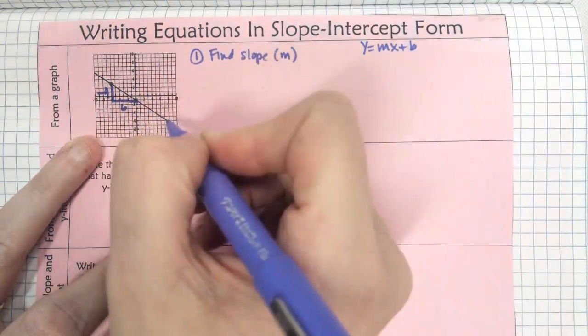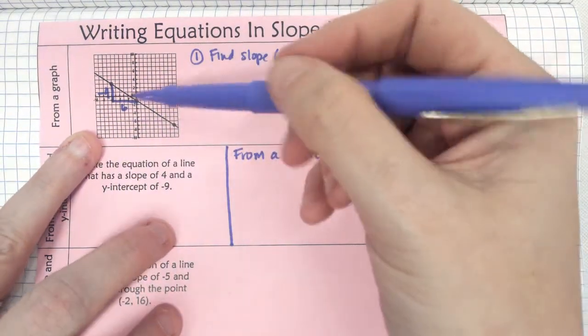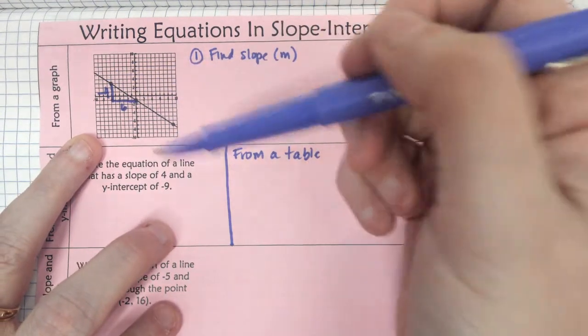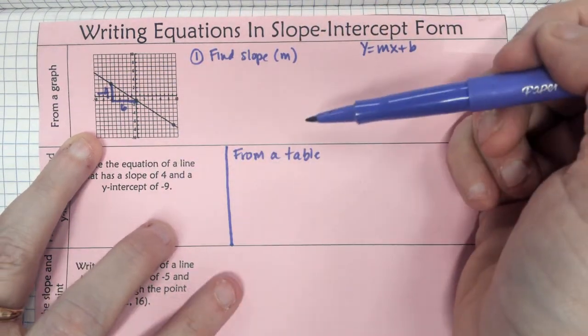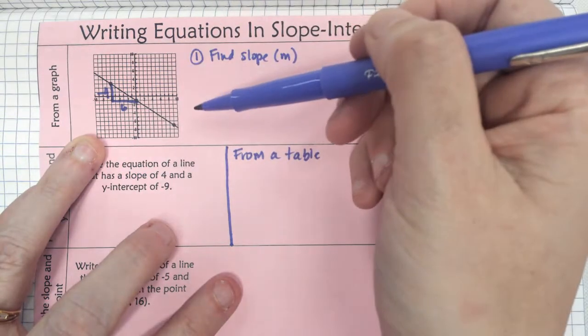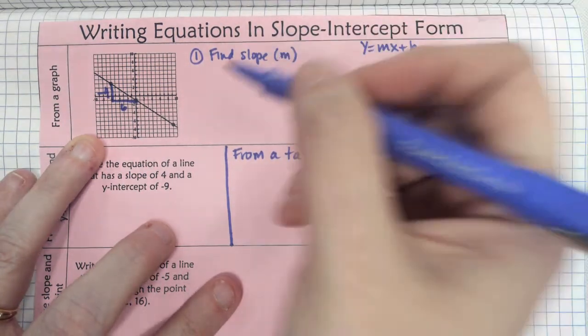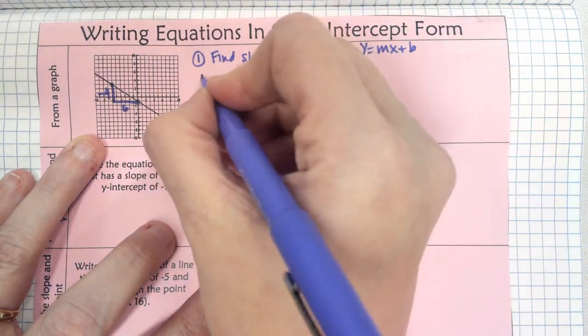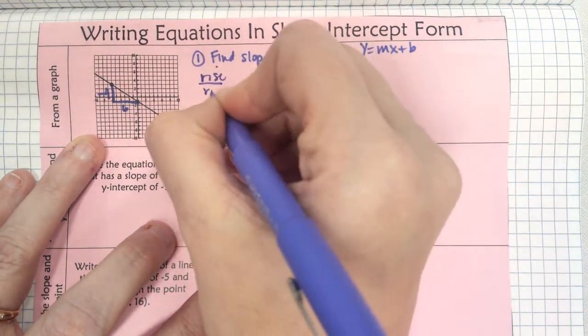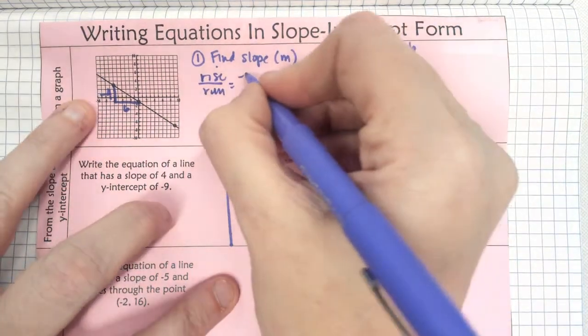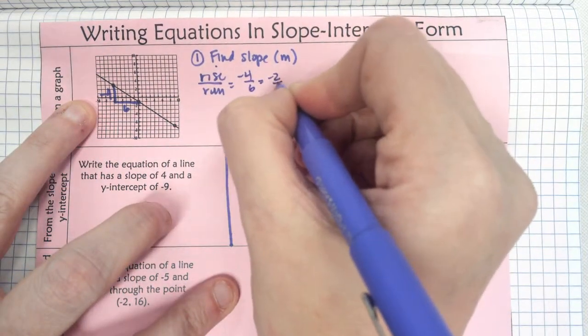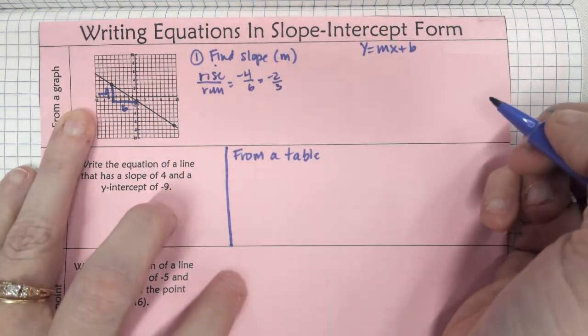I can write my name on it, or draw my little dude, and then I know that my slope should be negative. At the end of every question, when I'm doing slope from a graph, I need to think, wait, my line's going downhill, so I've got to be negative. So I find my slope by doing rise over run, which is negative 4 over 6, which is negative 2/3. There's my slope.